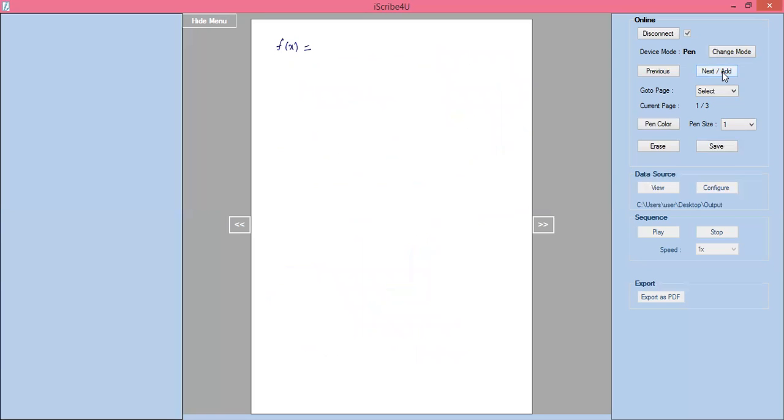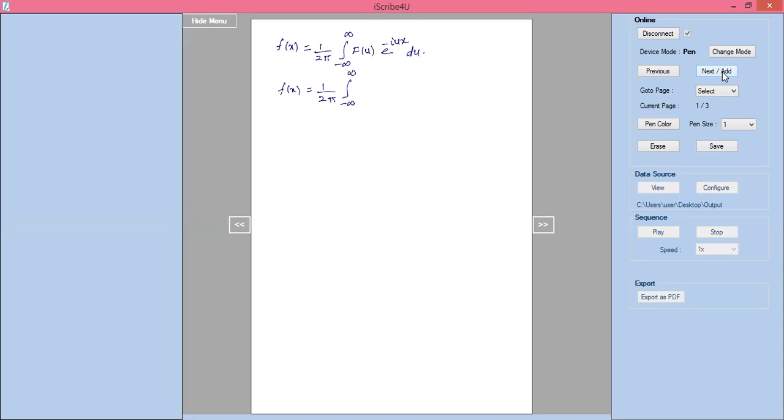Already you know that it is 1 by 2 pi into the integration from minus infinity to plus infinity of F of u into e power minus iux into du. Now f of x equal to 1 by 2 pi into integration of minus infinity to plus infinity.